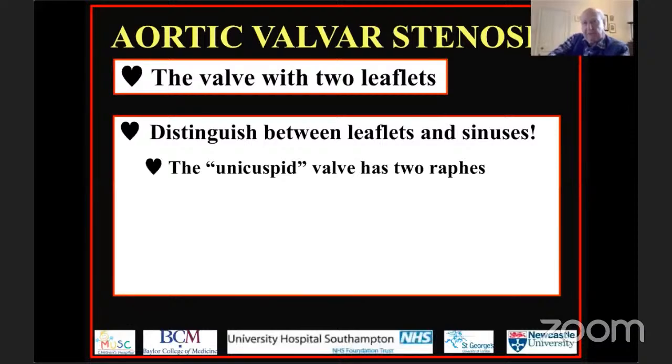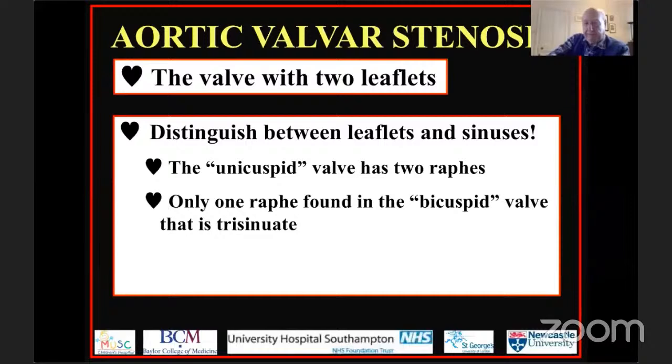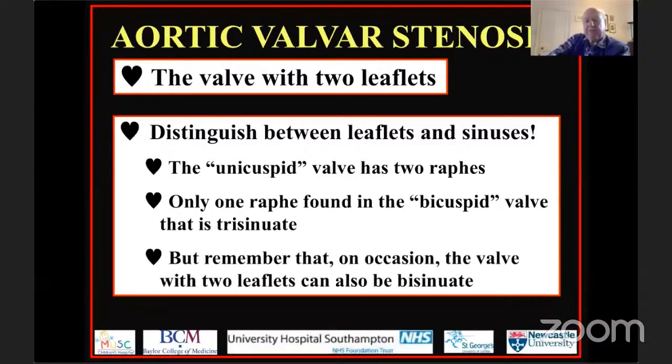And what Diane will show you is that in the unicuspid variant, there are two raphes. And the raphes emphasize that zone of apposition between the leaflets that is silted up. So the distinction between the unicuspid and the bicuspid variant is that in the bicuspid valve, there is only one raphe, and the valve is built on a trisinuate pattern.